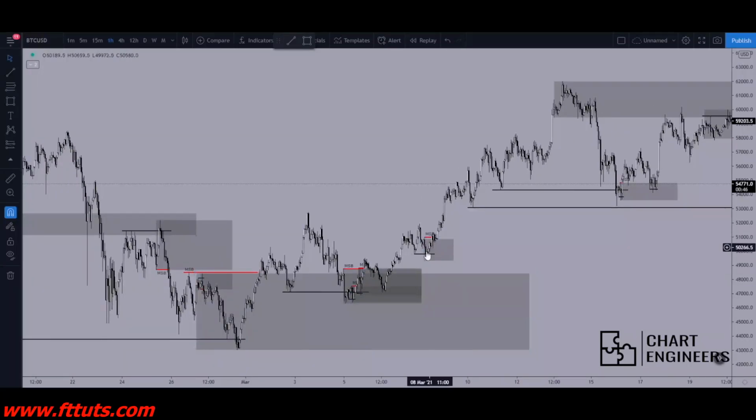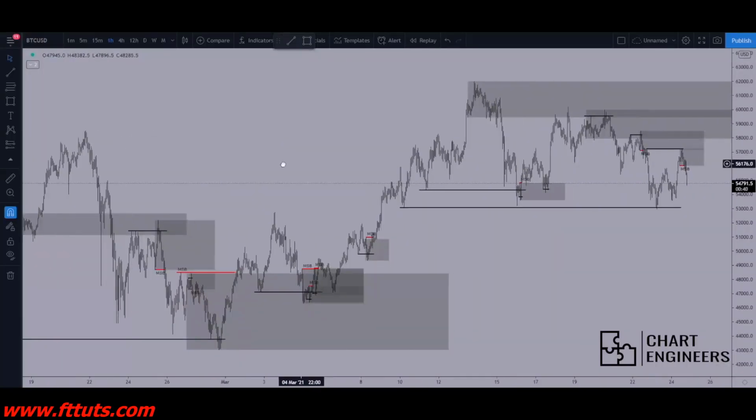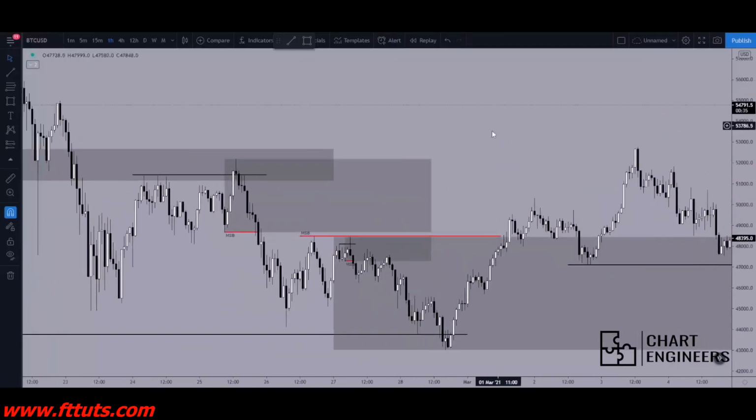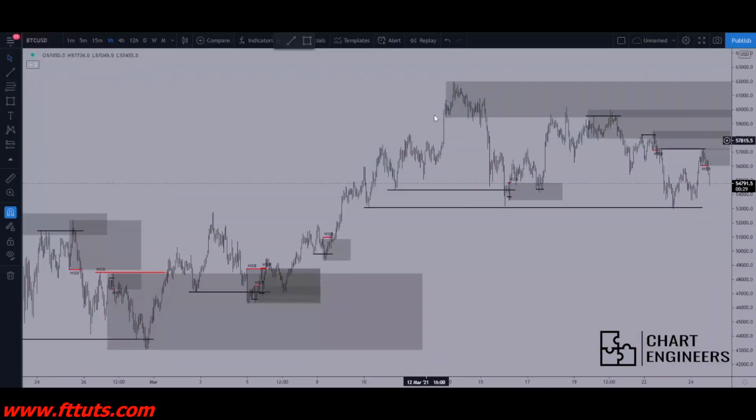Maybe 7 or 8 if you want to take those. But yeah, that is a fair few entries, and as you can see, the majority of them did do a few R. So between 1 to, you know, a lot more R.